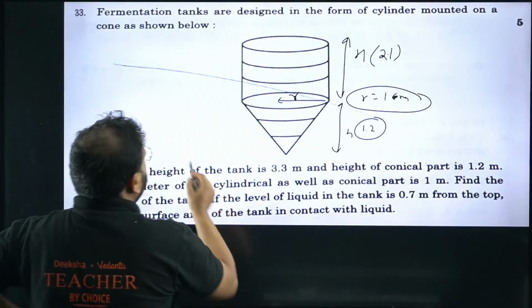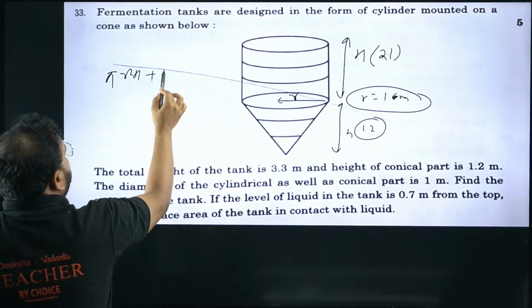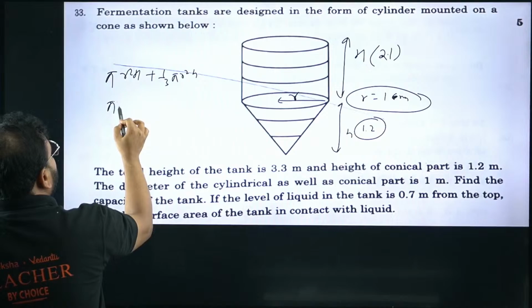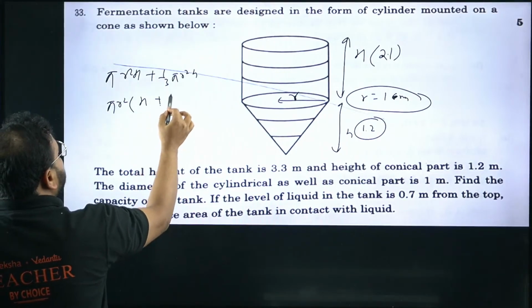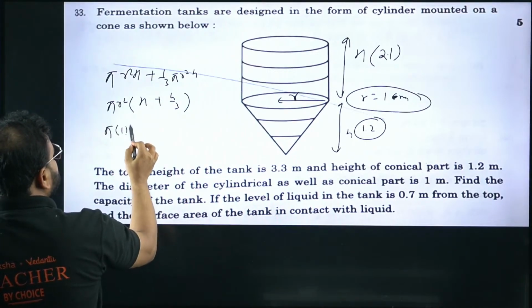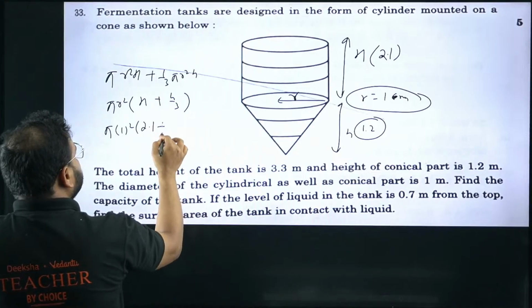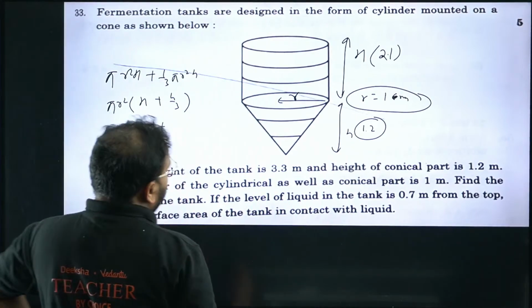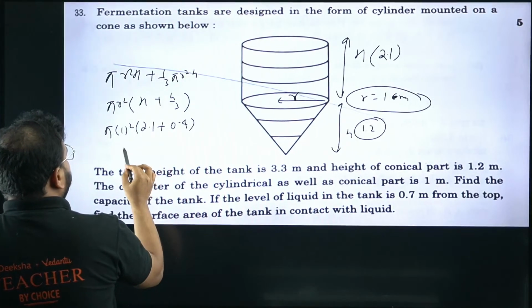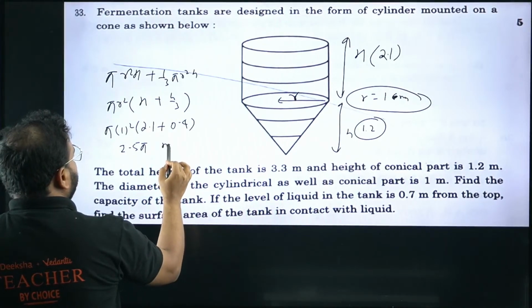This part is very simple, right? Pi r square capital H plus 1 by 3 pi r square small h. Take pi r square common, you get H plus h by 3. We'll have pi times 1 square, H is 2.1 plus h by 3, which is 1.2 by 3, so 0.4. How much is that? 2.5. So 2.5 pi meter cube.